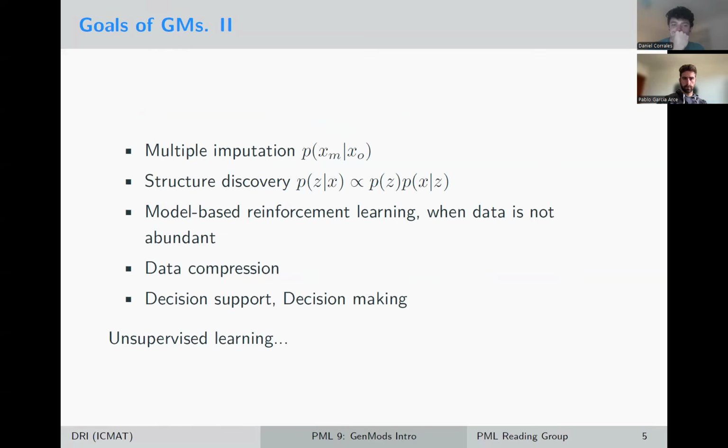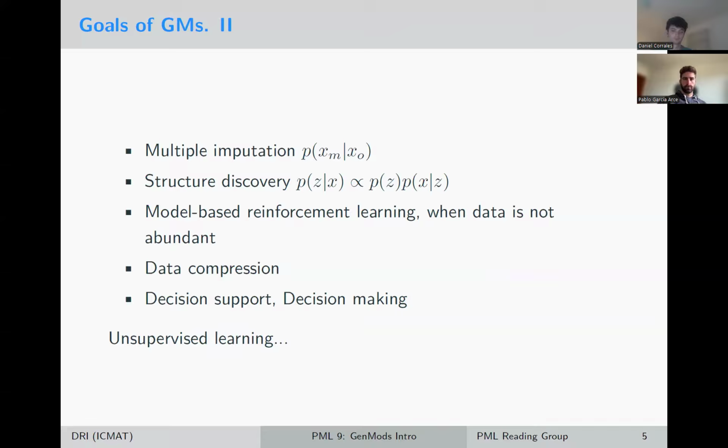There are other important applications, multiple imputation: based on the data X, you want to build a model of the missing data given the observed data, and you use this to impute the data that is missing. Then there is structure discovery. Given the data X that you have observed, you want to provide some information of what are the most relevant latents.